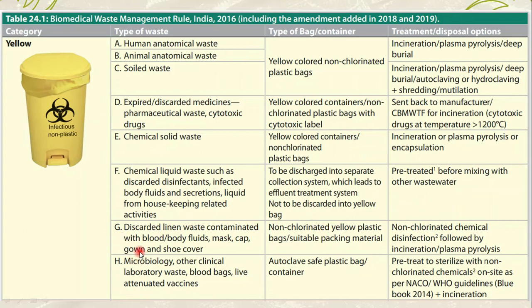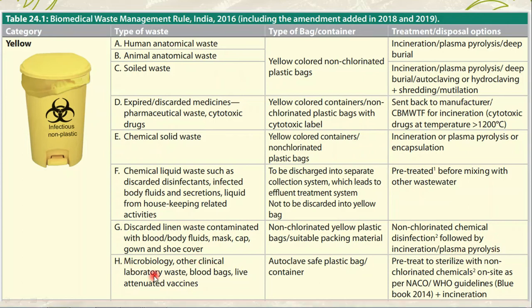Another type of waste is discarded linen, waste contaminated with blood and body fluids, mask, cap, gown, and shoe cover. These should be discarded in non-chlorinated yellow plastic bags or suitable packing material, and will be further treated with non-chlorinated chemical disinfection followed by incineration or plasma pyrolysis.